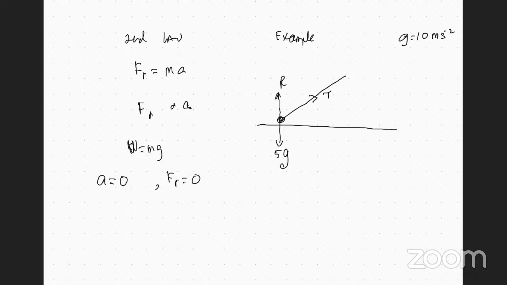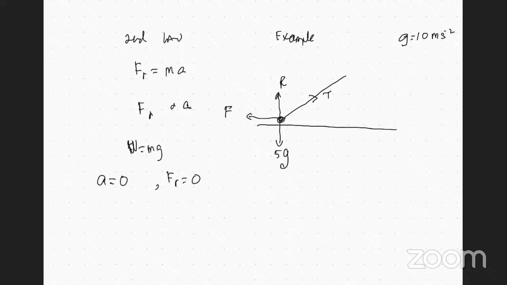Okay, so you have a particle of mass 5 kilograms pulled along a rough horizontal surface, right? It's a rough surface, so it has friction, and it's pulled by a string which is inclined at about 60 degrees to the horizontal.